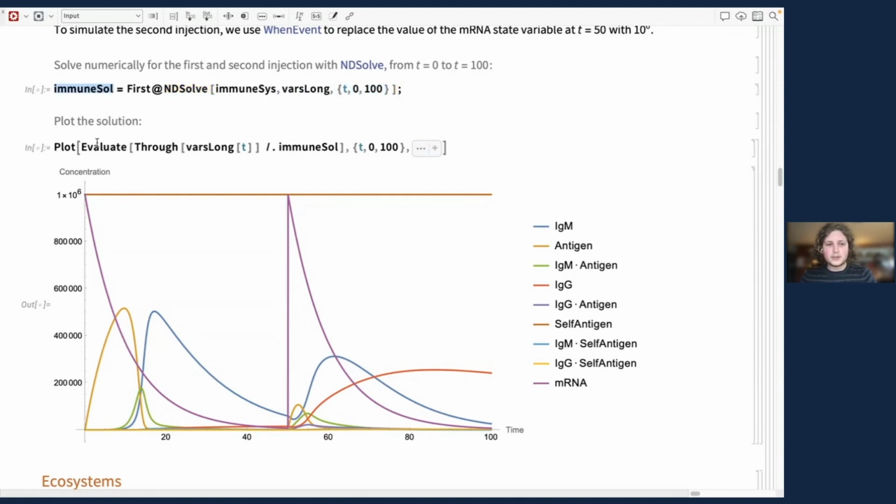And that'll be our solution. Then we evaluate this result in a plot, and we can get a visual representation of the behavior of all of these variables over time as resolved by Wolfram Language's numerical differential equation solver.